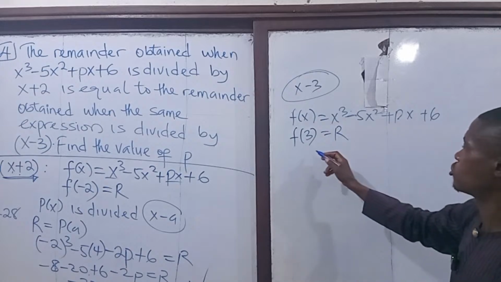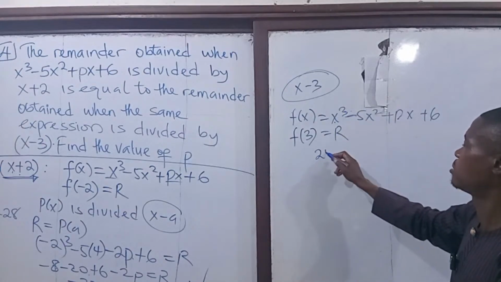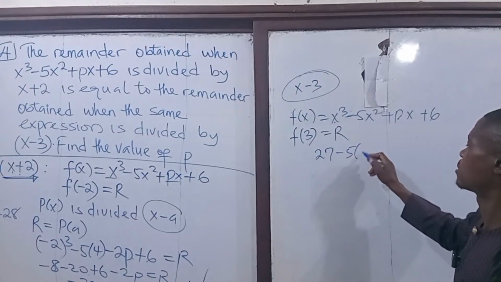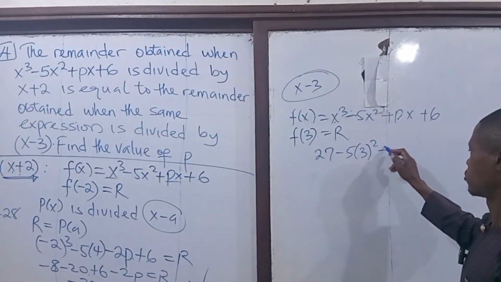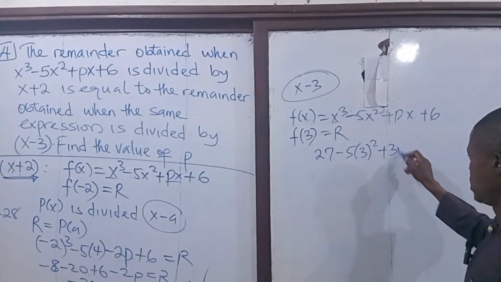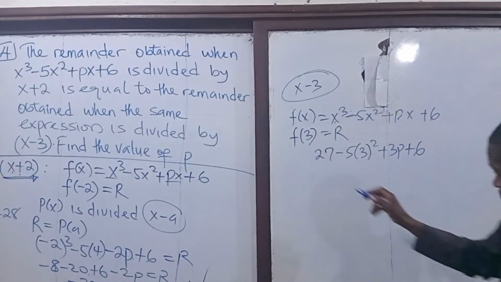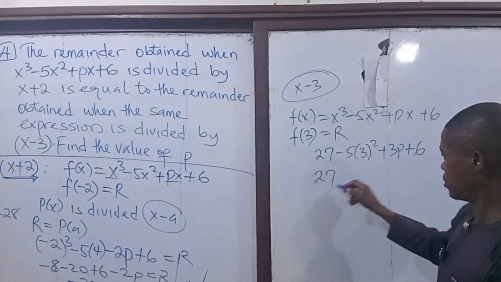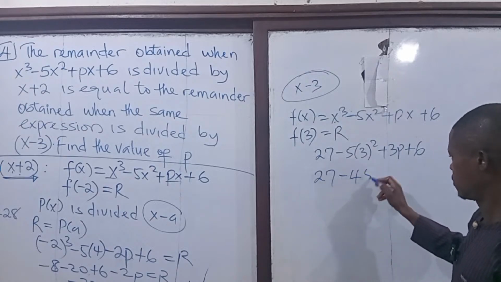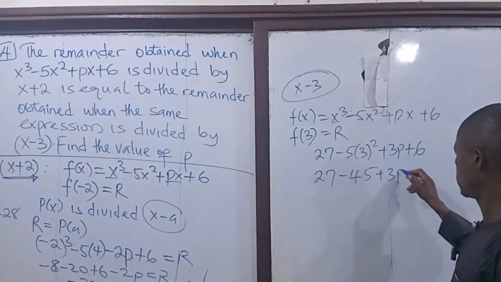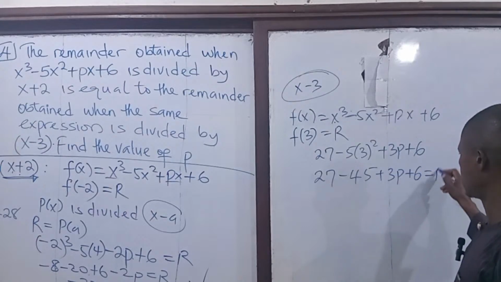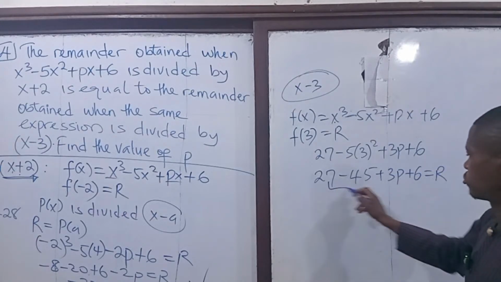And that will be equal to 3 cubed, that's 27, minus 5 times 3 squared, plus 3p, plus 6. And that will be 27 minus 45 plus 3p plus 6 equal to r. So combine these two together.